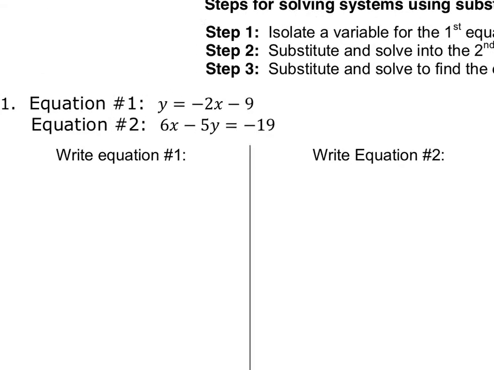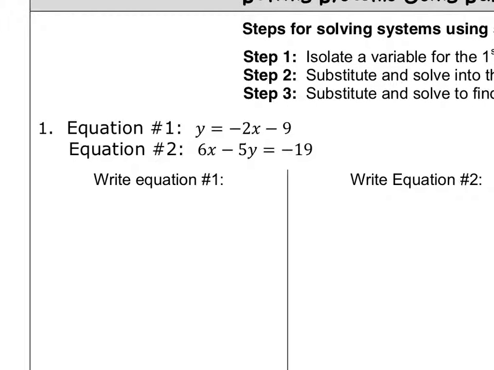Our first equation tells us exactly what y equals. It says that y equals -2x minus 9. So in our second equation, instead of the letter y, we are going to substitute in what we know y is going to be. So we're going to take out the y that's in the red parentheses and put in that -2x minus 9 instead.